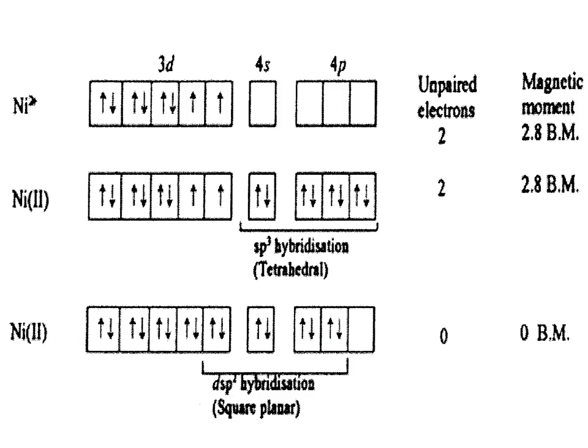Here we have the example of nickel. Nickel in +2 oxidation state has two unpaired electrons in its d subshell. So when the mode of hybridization is sp3, we can see from the orbital level diagram that there are two unpaired electrons and their magnetic moment is around 2.8 Bohr magneton.